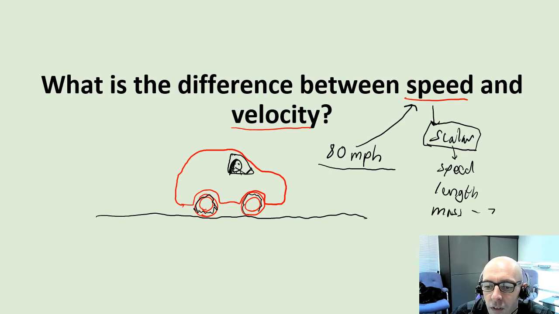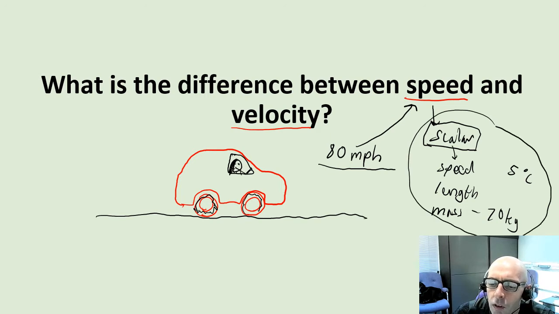I have a mass of 70 kilograms. That is a scalar quantity. It is outside today, it is 5 degrees Celsius. That is a scalar quantity, so temperature. So anything you can measure that has a size is a scalar. So it has a size, an amount, it's a quantity, and that's scalar.